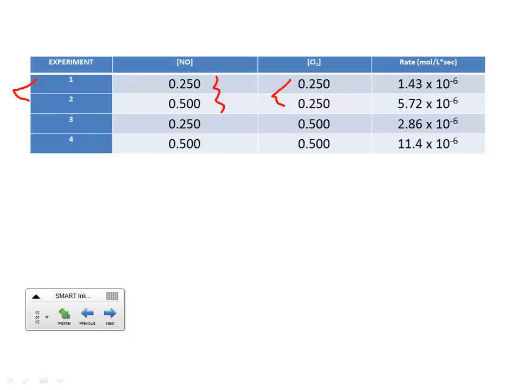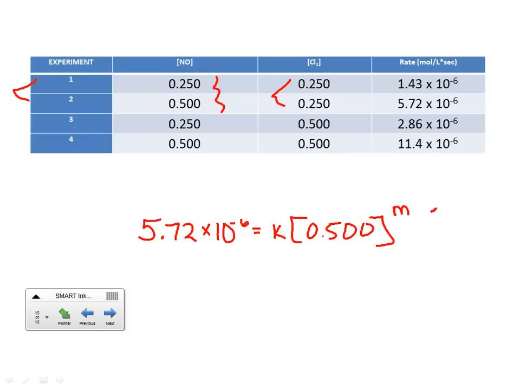So if we write the rate law for the second one, we have a rate of 5.72 times 10 to the minus 6 equals K times 0.500 to the M and 0.250 to the N. That's the first one.